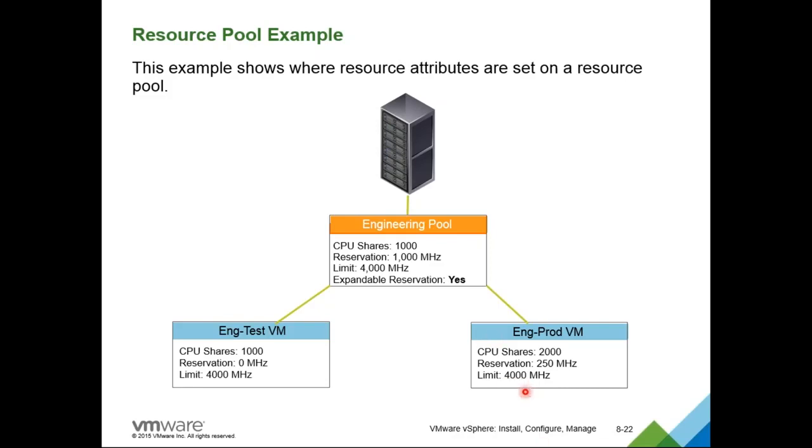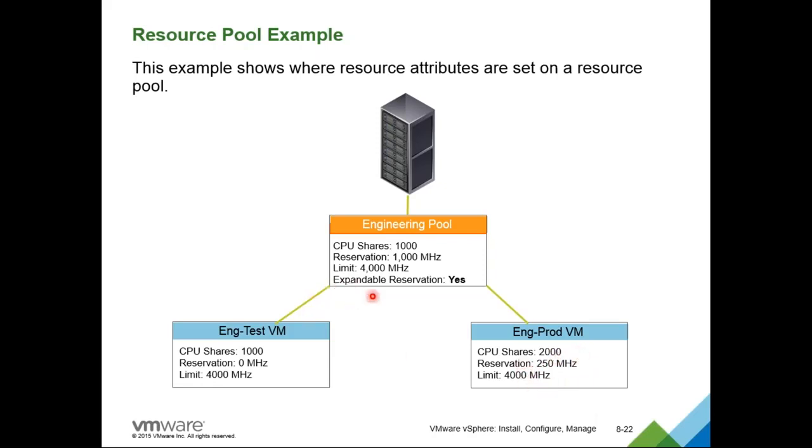Now coming to the prod VM, I allocated CPU shares as 2000, but my engineering pool CPU shares are 1000 only. It means whenever this VM consumes more than 1000 CPU shares, this engineering pool can send a request to the parent resource pool saying that I need 1000 more shares for this particular VM.